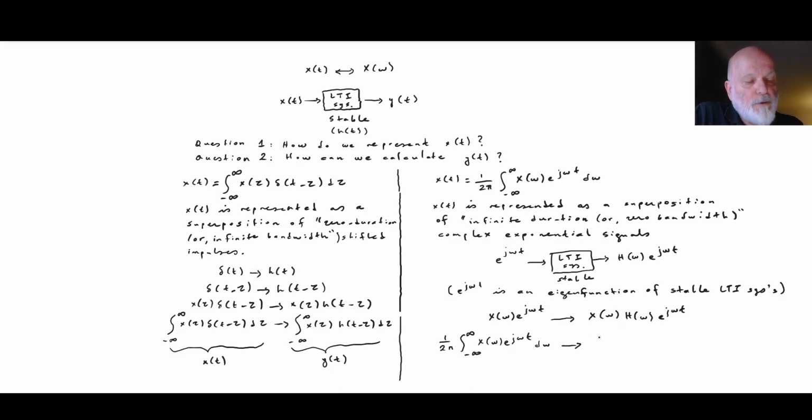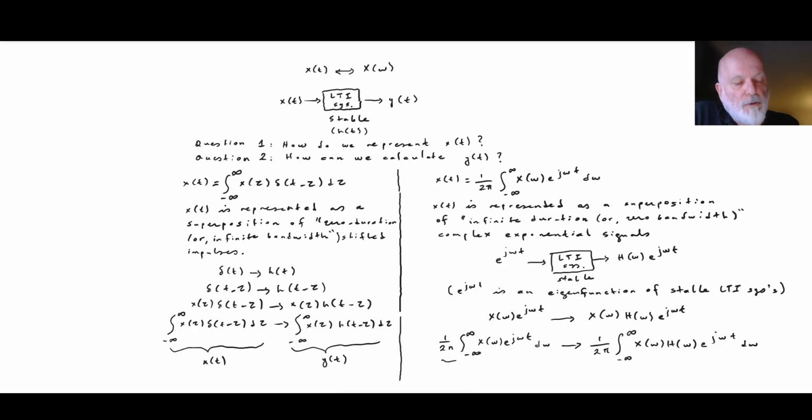The output will correspond to the expression 1 over 2 pi from minus infinity to plus infinity, rather x of omega first, h of omega, e to j omega t integrated with respect to omega.